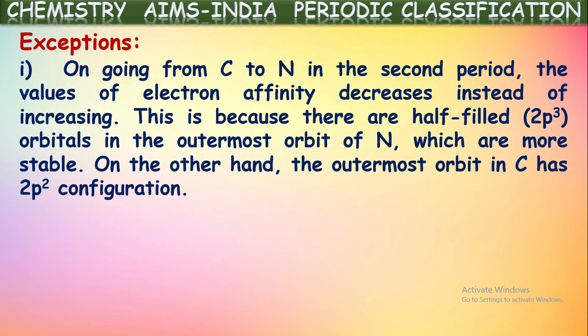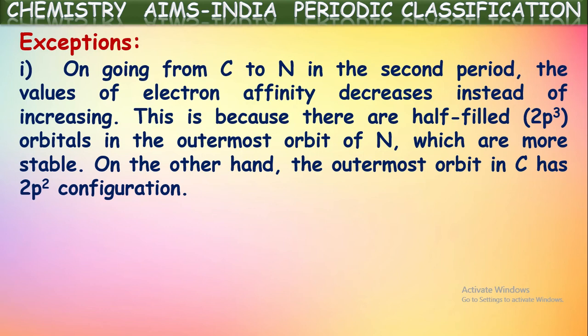This half-filled configuration makes nitrogen more stable, so instead of readily taking the electron, it will be idle. It won't show interest in gaining the electron, and hence the electron affinity value decreases.